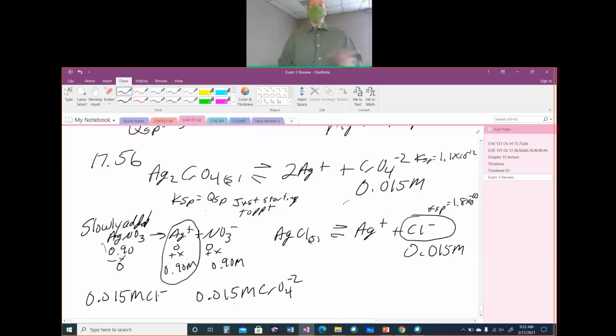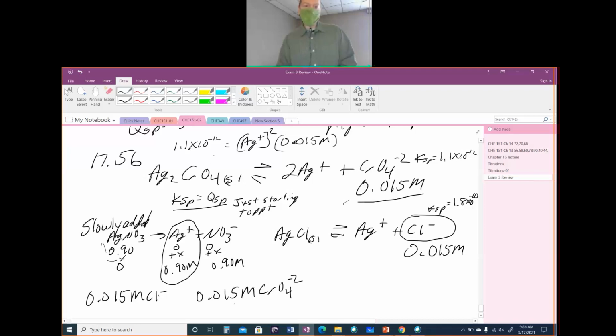All right, so what we need to know is what is the concentration of Ag plus when this starts to precipitate. So you have 1.1 times 10 to the minus 12 equals your Ag plus concentration squared times your CrO4 minus 2 concentration, which we know is 0.015 molar.